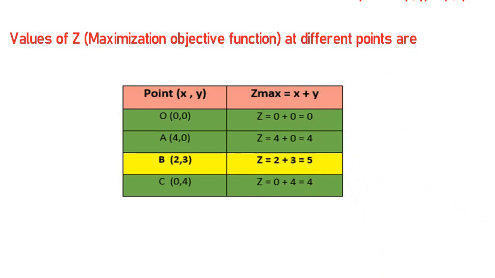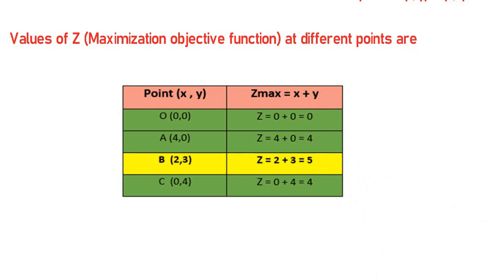So put x equal to 0 and y equal to 0 in objective function z. So the value of z is 0. Next point is A with coordinates 4, 0. So put x equal to 4 and y equal to 0 in objective function z. So the value of z is 4.